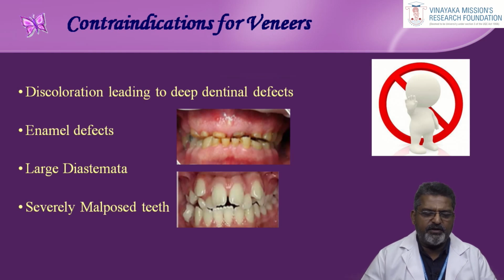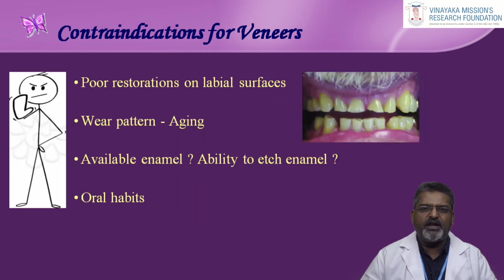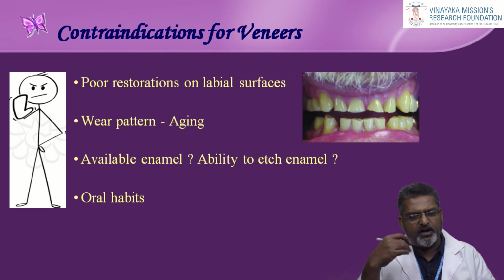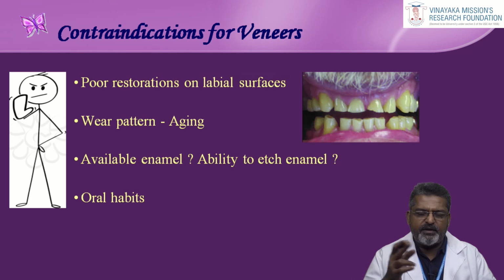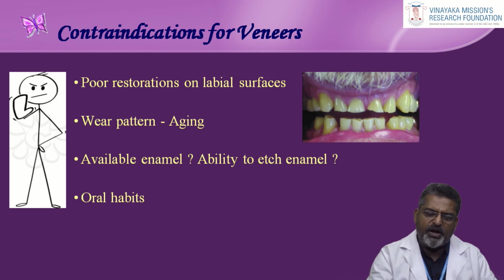Okay. Next contraindication is poor restoration on the labial surface. If the patient has already had a restoration on the labial aspect, and if that restoration is a very poor restoration, then either you have to go for a full crown, or the entire restoration has to be removed, redone, and then go for your veneering.